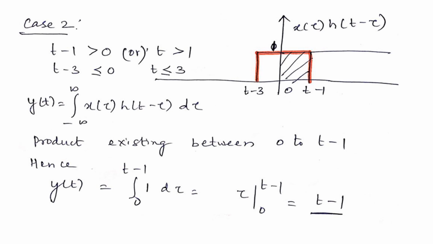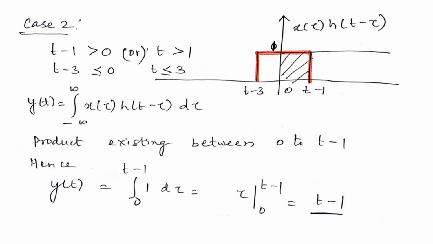The other edge of the signal, that is t minus 3, is less than or equal to 0. So it is on the negative side. So t minus 3 less than or equal to 0 means t is less than or equal to 3.